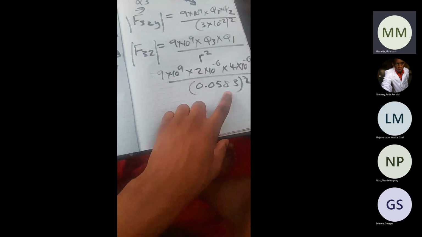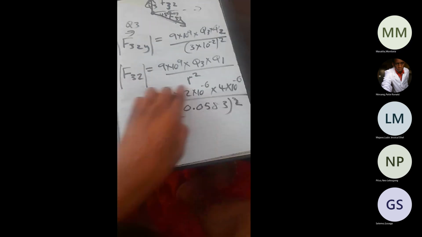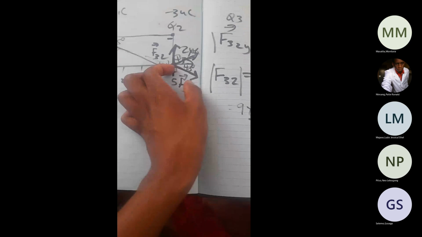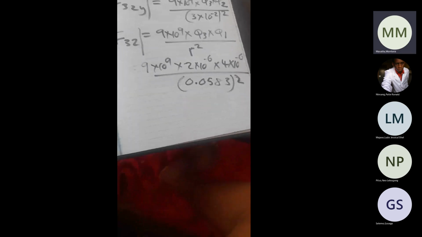The value of the force which you are going to get here is this one. So if I press my calculator: 9 times 10 to the power 9, times 2 times 10 to the power negative 6, times 4 times 10 to the power negative 6, divided by 0.0583 times 0.0583.